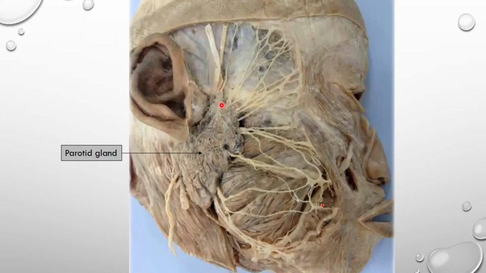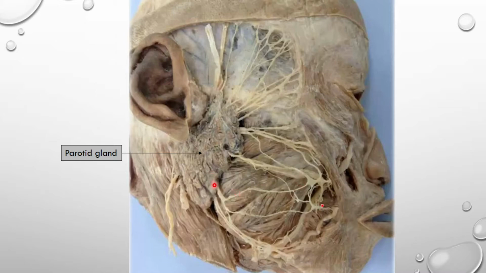All of these are running up towards the temporal region. We then have running towards the upper part of the cheek, lower part of the eye, the zygomatic branches. The lower area of the cheek and around the upper part of the mouth, we have the buccal branches.